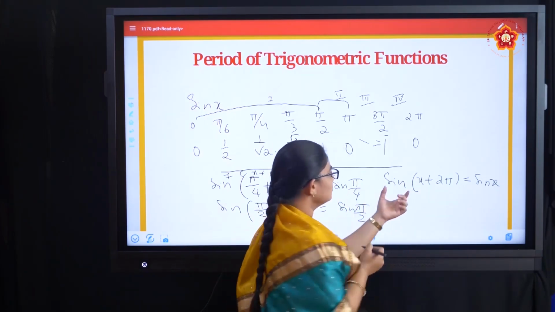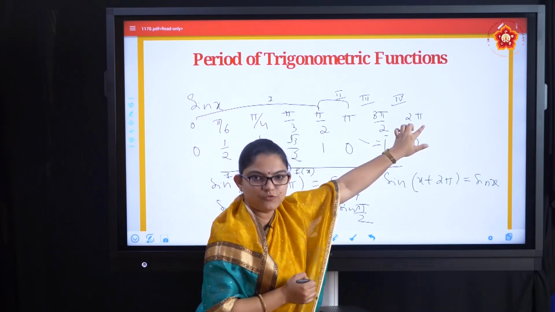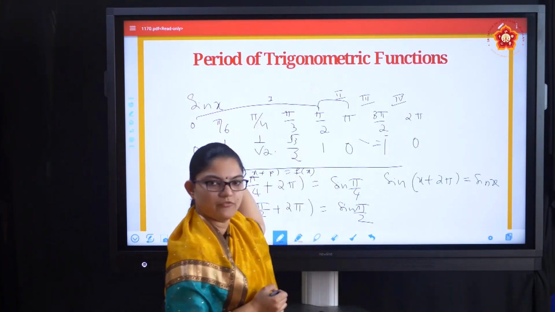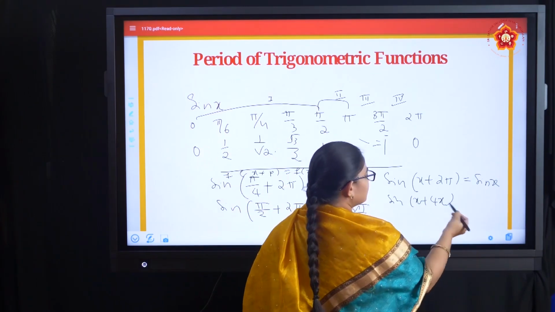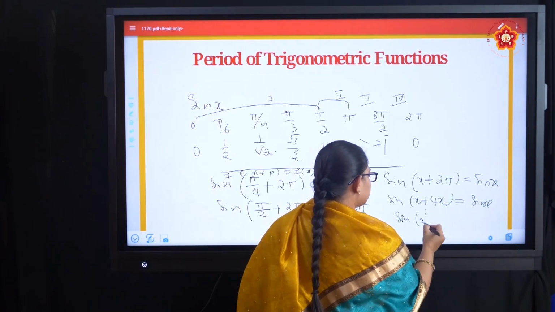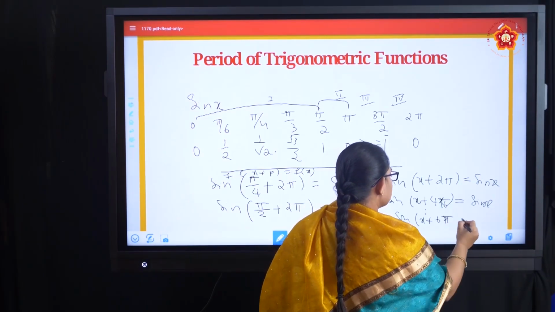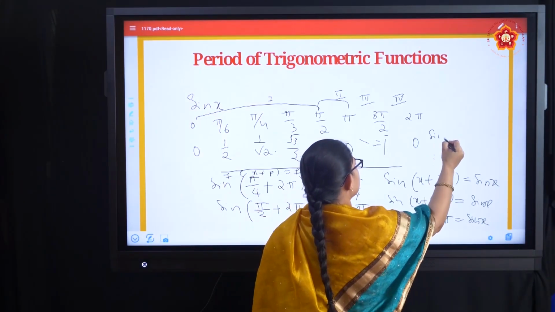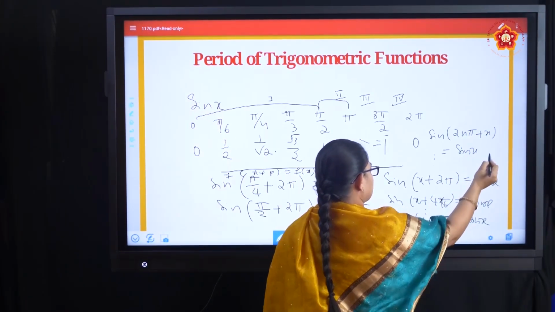Also, after completion of this, we get one more, 4 pi. So after 4 pi also we get the same values. So we can say sine of x plus 4 pi, that is 2 into 2 pi, is also the same as sine x. Similarly, sine of x plus 6 pi is also the same as sine x. So in general, sine of 2n pi plus x is the same as sine x.